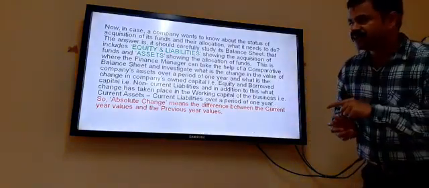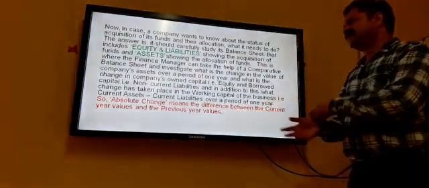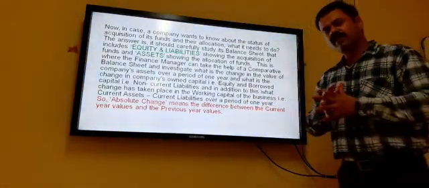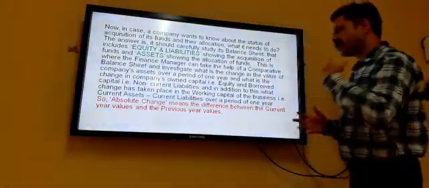In addition to this, what change has taken place in the working capital of the business, that is current assets minus current liabilities. All of you know that working capital is the difference between current assets and current liabilities.